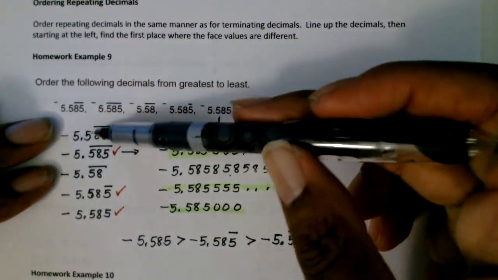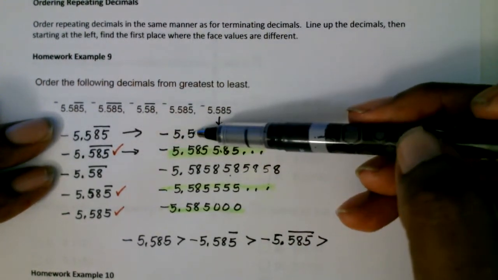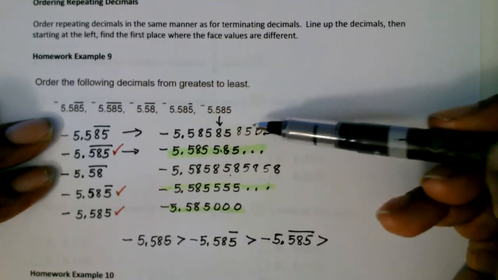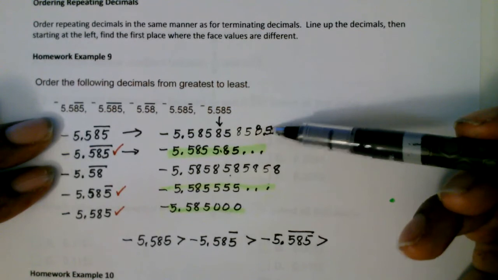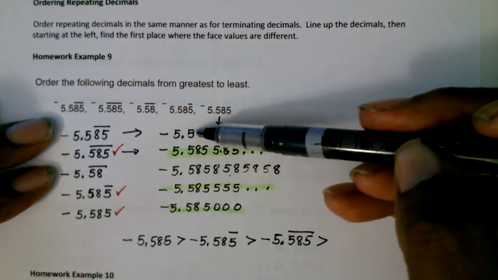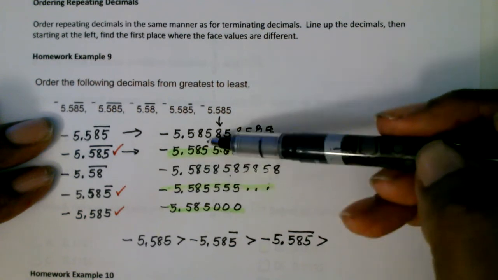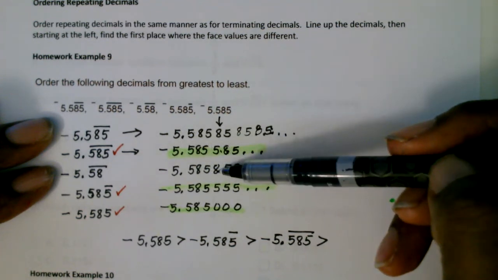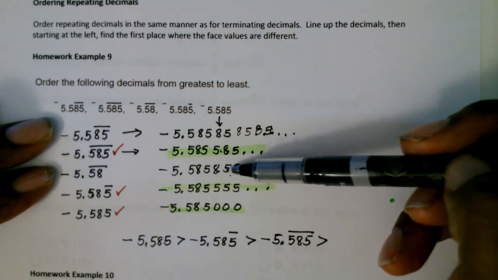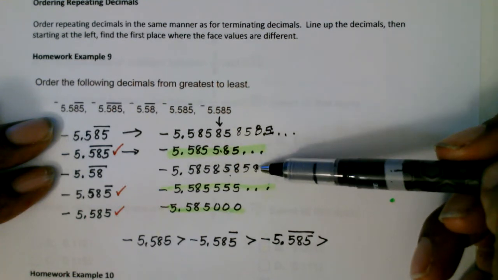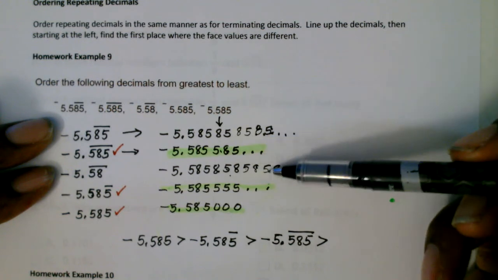Because that's 5, and then 8, 5, 8, 5, 8, 5, 8, 5. So here, 5, 8, 5, 8, 5, 8, 5, 8.